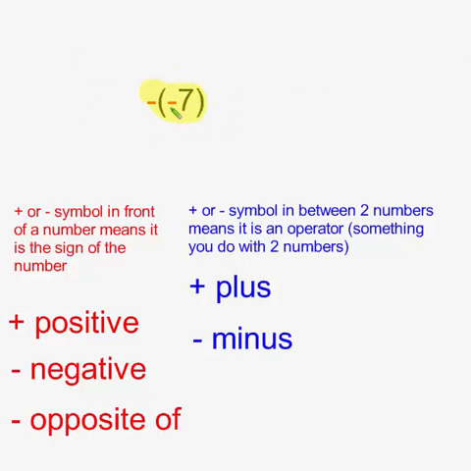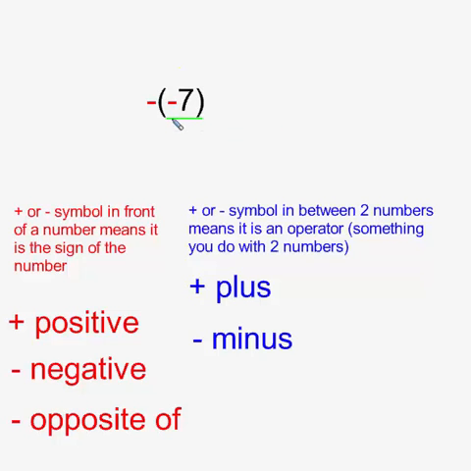This example also has many correct ways of saying it, but notice I will never use the words plus or minus, as in there's only one number here. This here is either read the opposite of 7 or negative 7, because to use the word minus, there would have to be two numbers, and there's simply not another number. Let me just jump to the most common way of saying this.